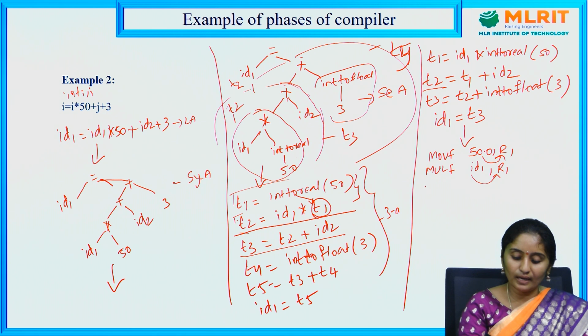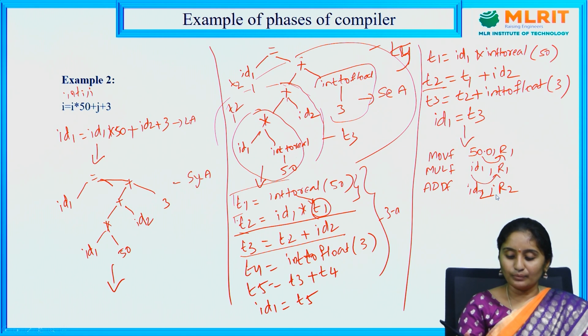The next I have add float value. The result is in R1, so ID1 comma R2, we'll write ID2 comma R2.